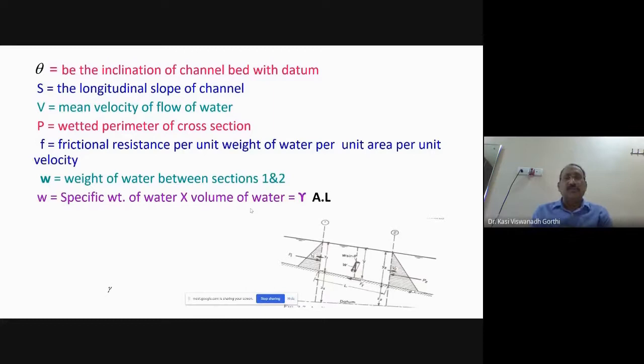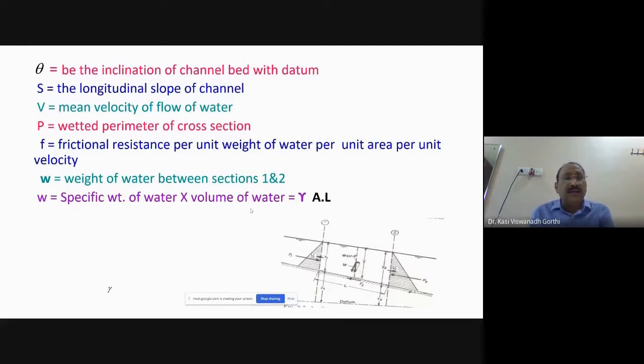V is the mean velocity of flow of water. P is the wetted perimeter. By definition, we know that it is the length of the channel boundary which is in contact with the flow. F is the frictional resistance per unit weight of water, per unit area and per unit velocity. And W is the weight of water between sections 1 and 2.